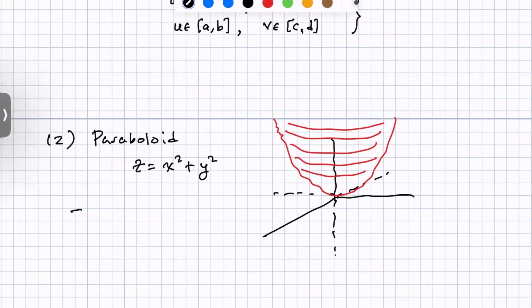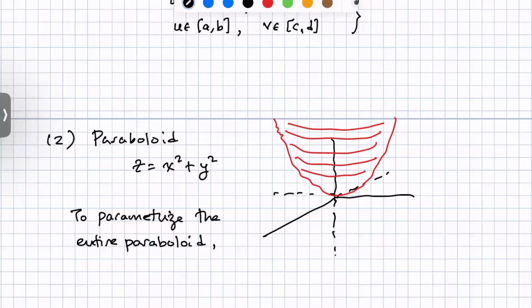And so to parametrize the entire paraboloid, one can write T of u, v is equal to u, v, and then my z value is u squared plus v squared.